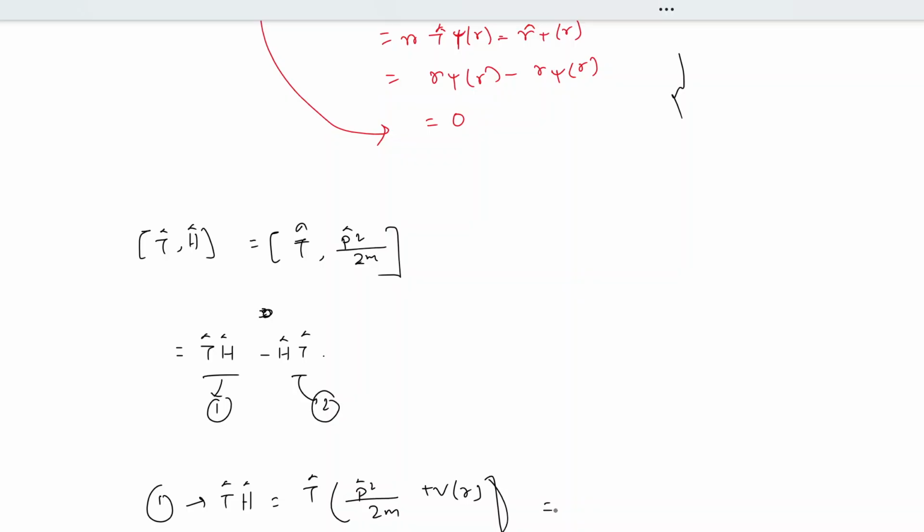This is also the potential energy term. So then T P another P by twice M.